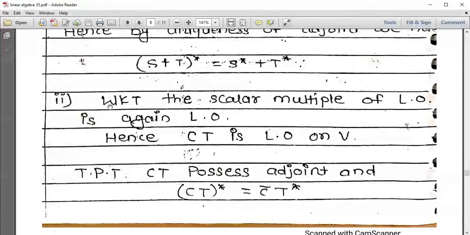Second condition: we know that a scalar multiple of a linear operator is again a linear operator. Hence, C into T is a linear operator on V. Now, to prove that C into T possesses an adjoint and (C into T) star is equal to C bar into T star.